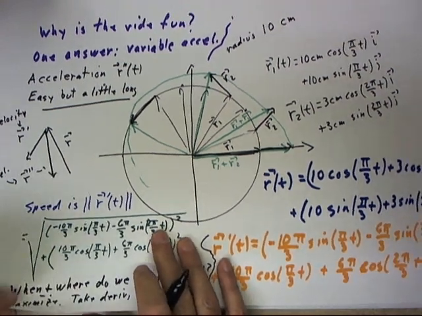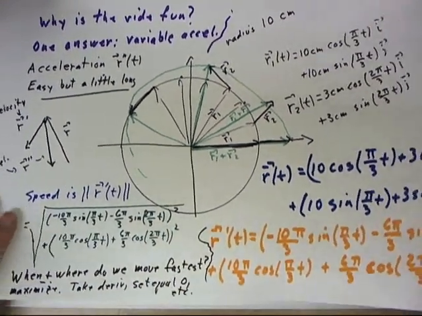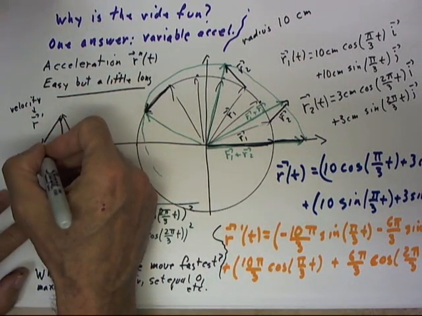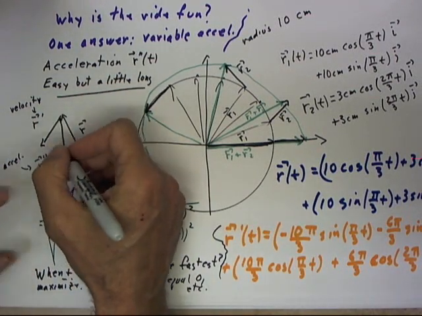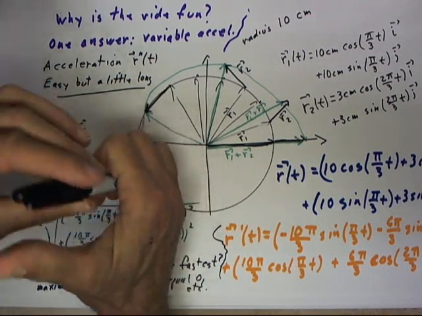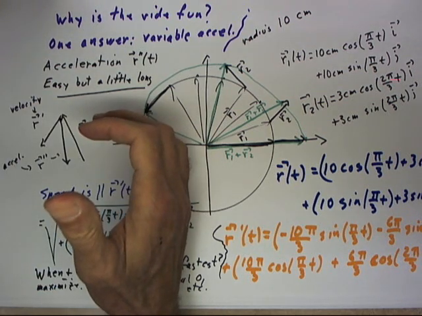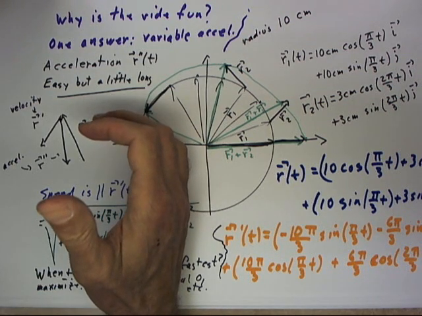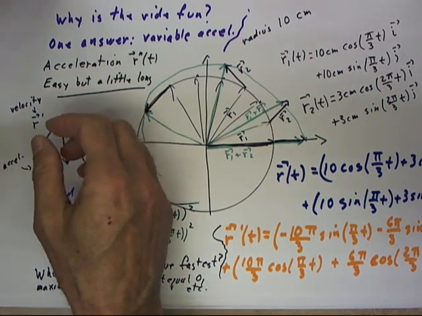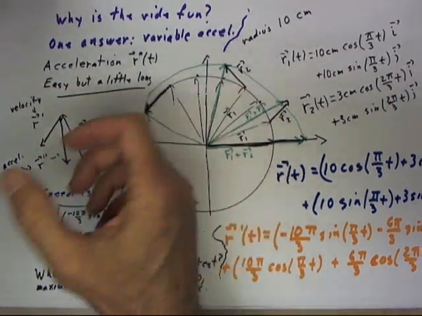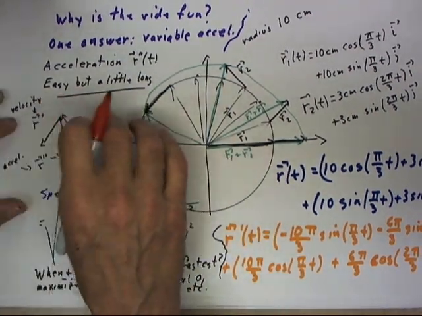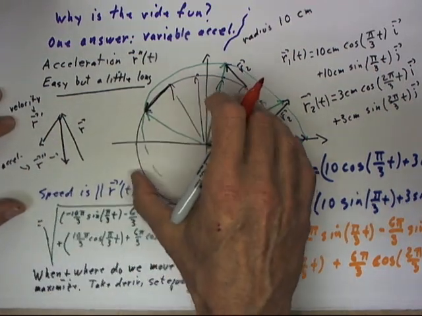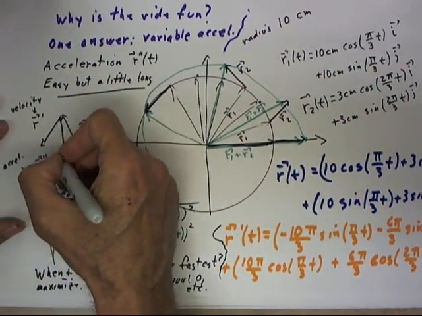Now, as I just said, some of that acceleration is in the direction of your velocity, but some of it is perpendicular to the direction of your velocity. And the sensation of being sped up and the sensation of having your direction changed are really what makes this ride fun.